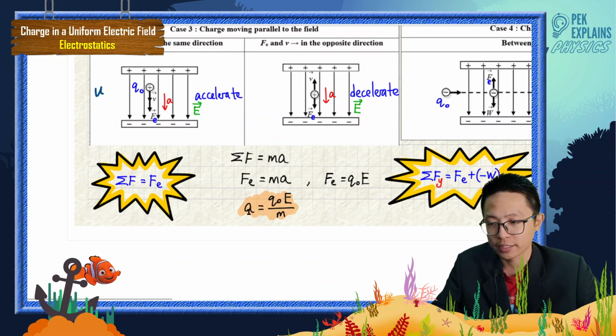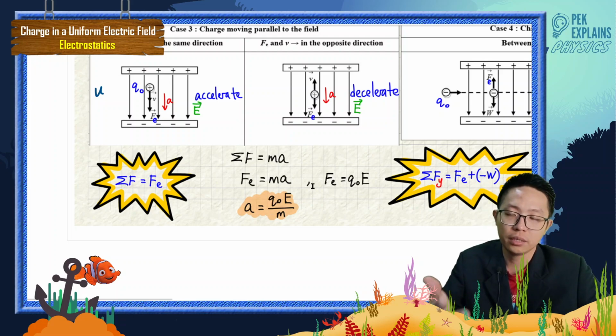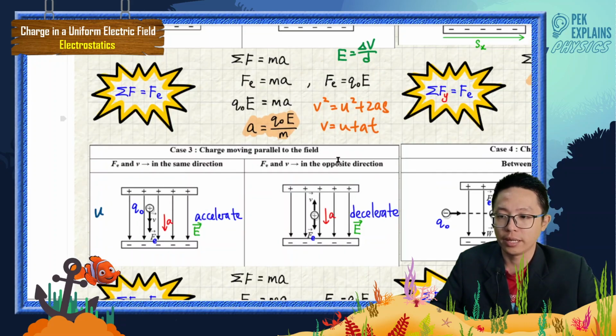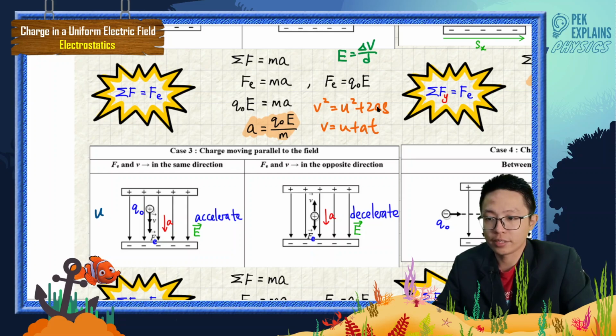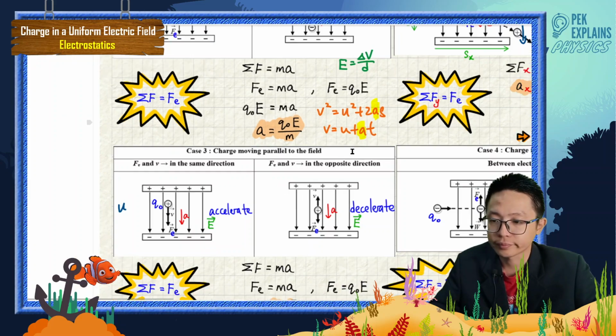You can find the acceleration of this charge from this formula. This acceleration is caused by the electric force. I can find the acceleration by using Q naught E over M, and use it in the kinematic equation, like v squared equals u squared plus 2as.